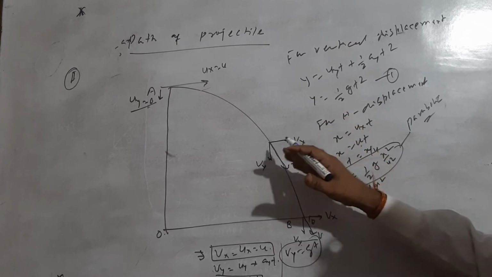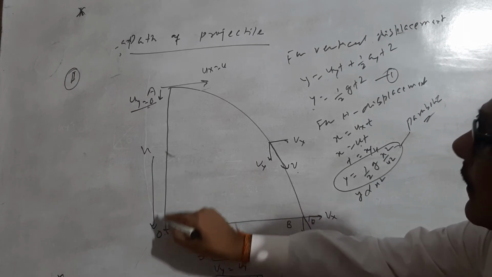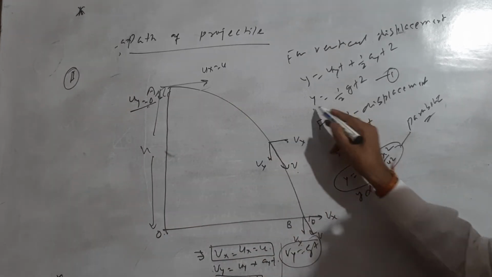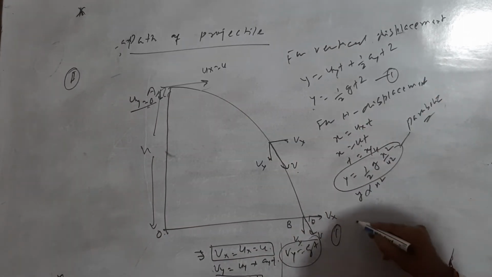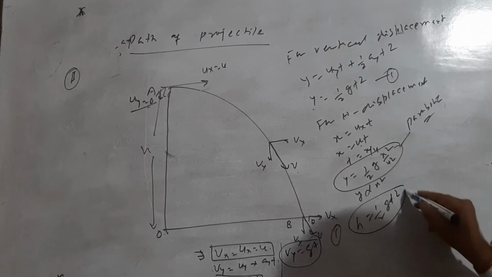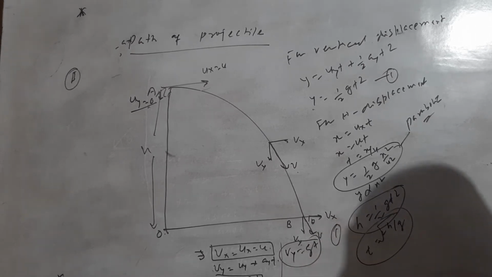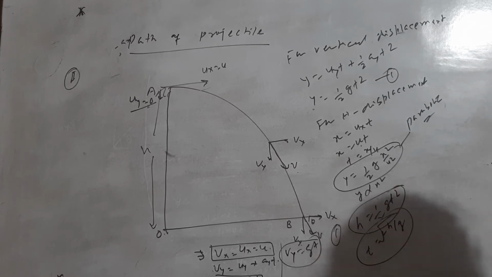Now another expression can be obtained if y is taken as the height of the tower. This equation is also written as h equal to half g t square, and t equal to under root 2h by g. This one is the expression for height, this is the expression for time.